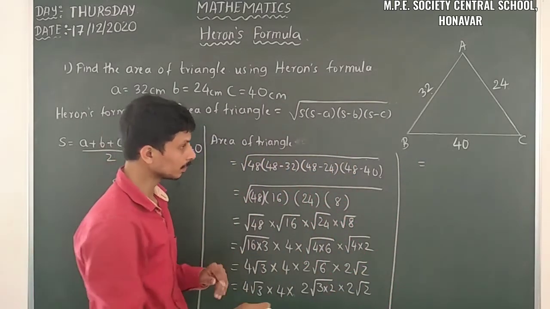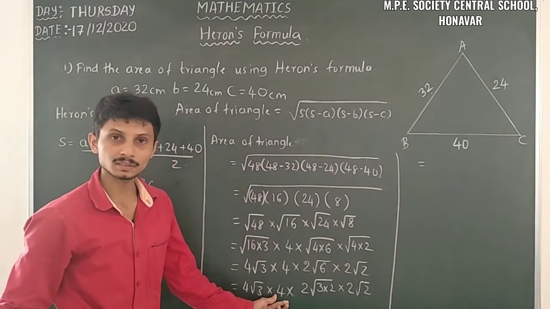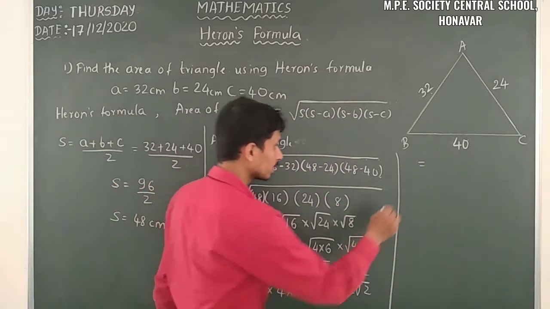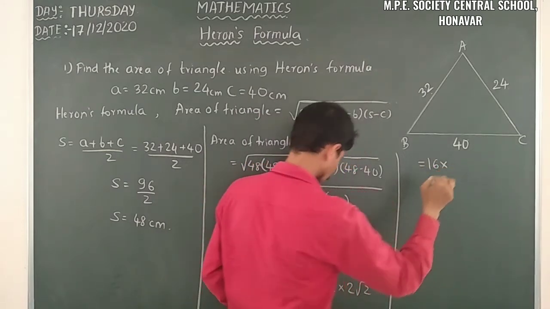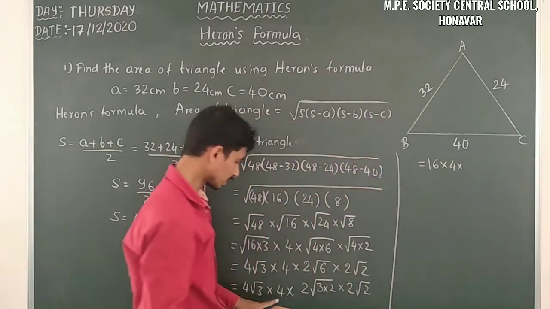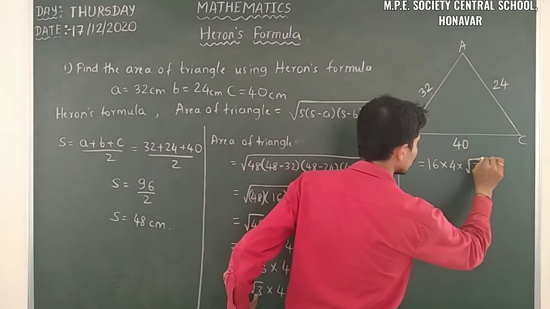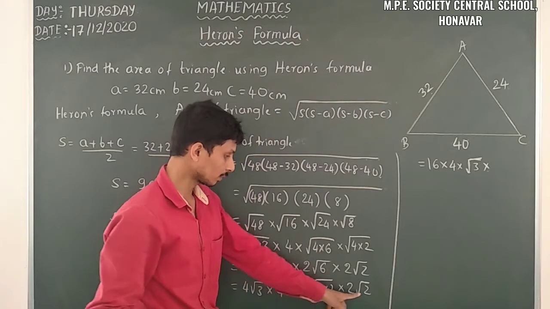So 4 root 3 remains as it is. Likewise, you can take 4 into 4, which is 16, and into 2 into 2, which is 4. Then what remains here is root 3 into root 2.